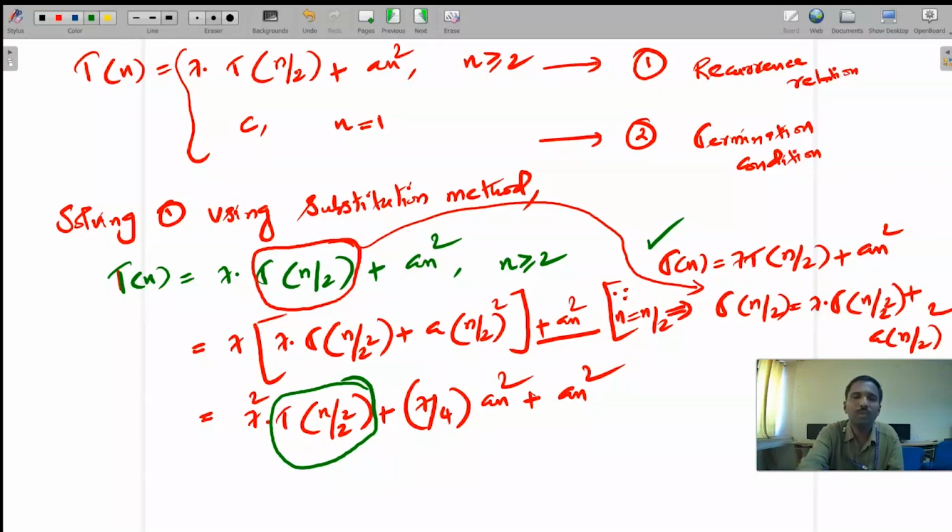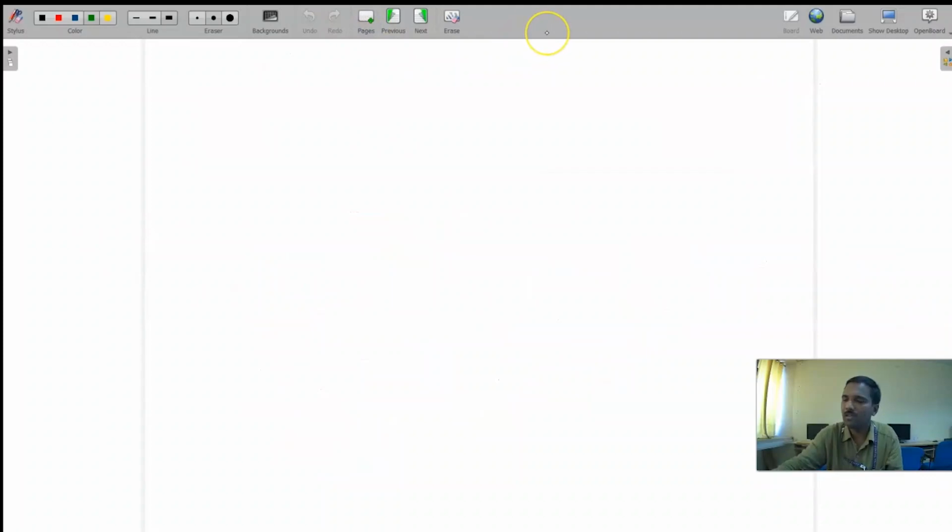So let's find T of n by 2 power 2 first, then substitute it in this place to have the extension for the next stage. T of n is already defined: T of n is 7 into T of n by 2 plus A into n square.